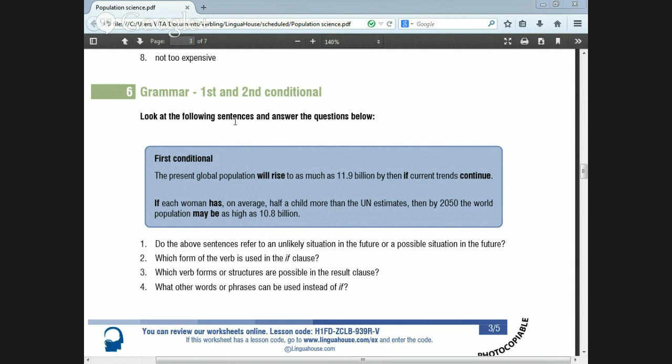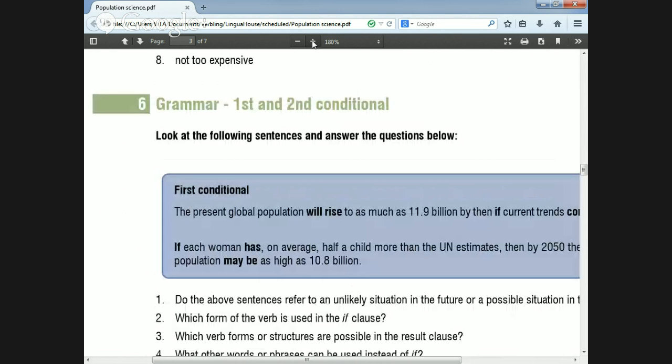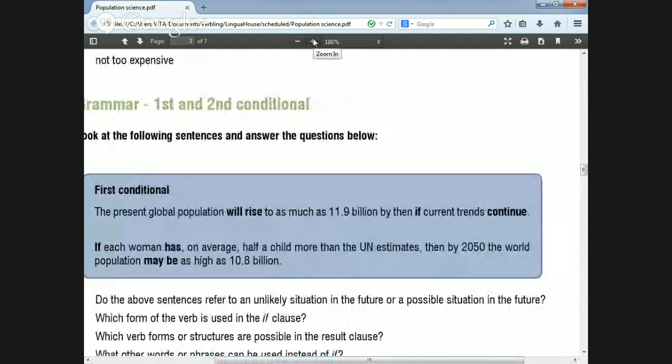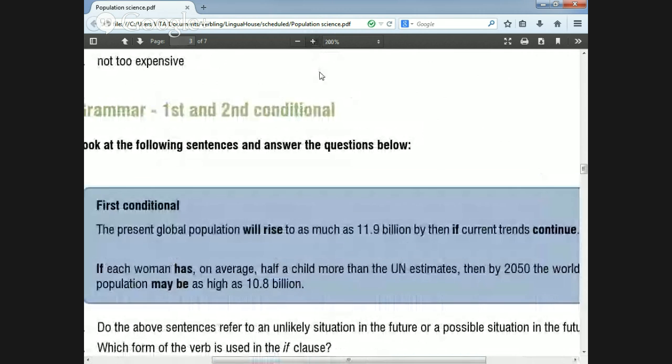Okay, so this one, the first conditional, means that it is a possible situation in the future. It is possible in the future.